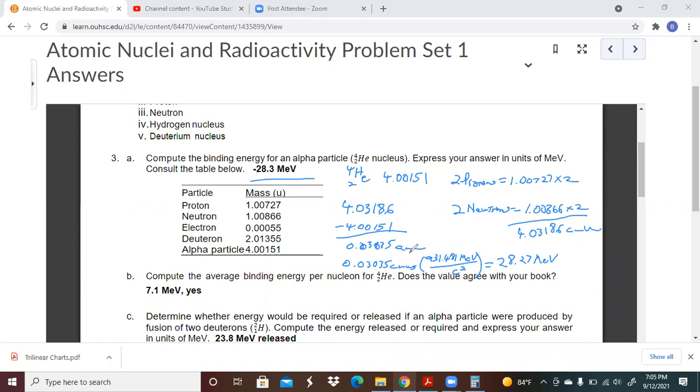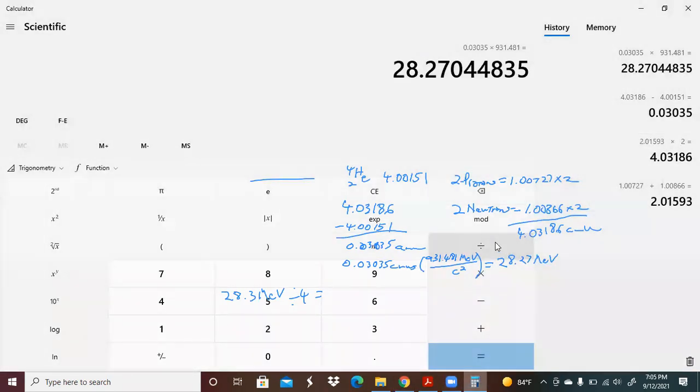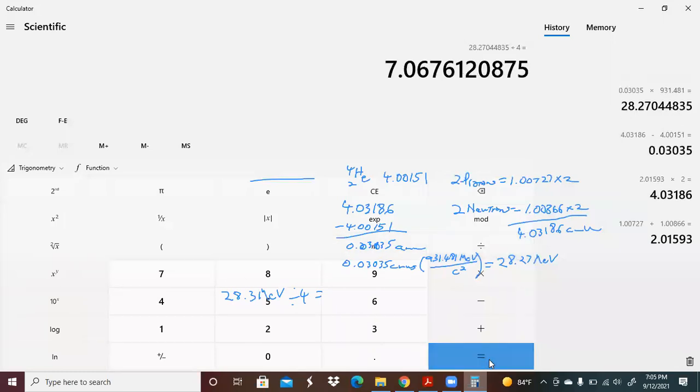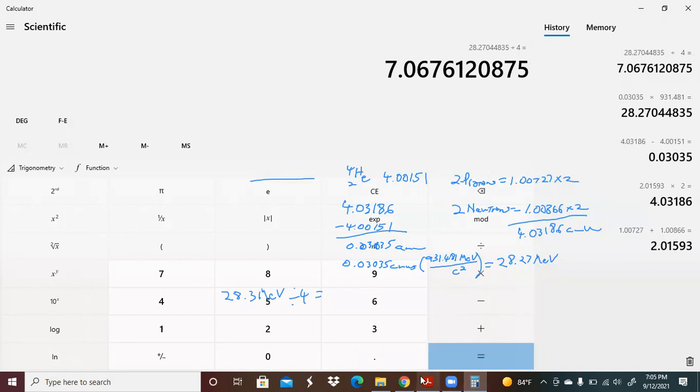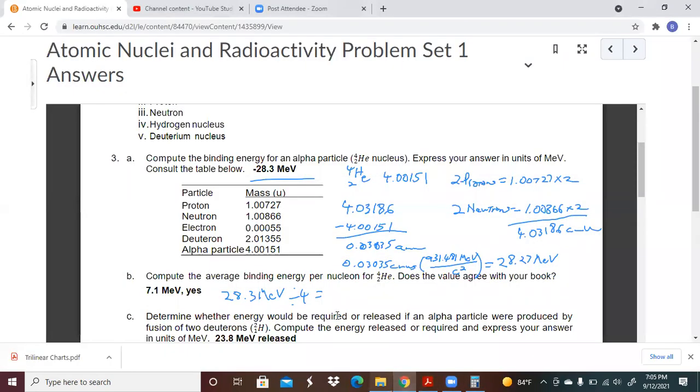Now, for part B, we're going to be computing the average binding energy per nucleon. So if we take 28.3 MeV and divide it by, you guessed it, 4 nucleons, we get 7.06 or 7.1 MeV, and that should agree with the book.